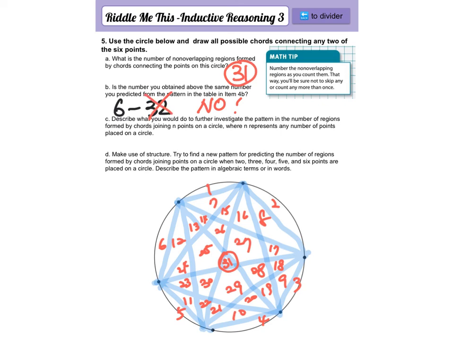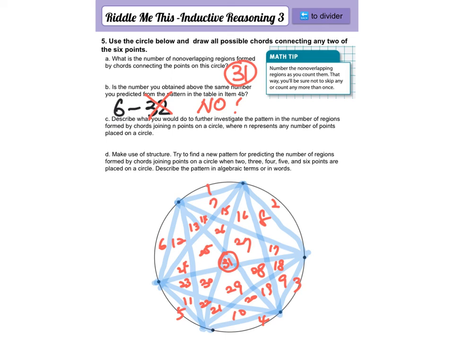Next question. Describe what you would do to further investigate the pattern in the number of regions formed by chords joining endpoints. Endpoints mean the number of points on a circle, where n represents any number of points placed on a circle. Actually, they explain in the instructions what n represents, right? That's what I was saying. Most of the time, you need to just read the description or instruction carefully, because it gives you the clue where to look or what to start with.